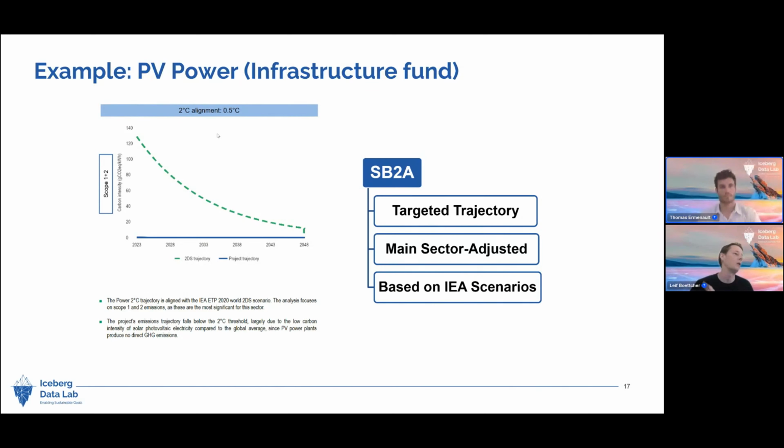And since on the sector level, the scope 3 emissions of these photovoltaic plants are still negligible, and we want to stay as close as possible to scientific consensus, we went with the scope 1 plus 2. So yes, it's correct that scope 3 would be a little more precise, but for the sake of overall scientific agreement, we go with what the IEA proposes. Always coming back to this scientific DNA of Iceberg Data Lab.